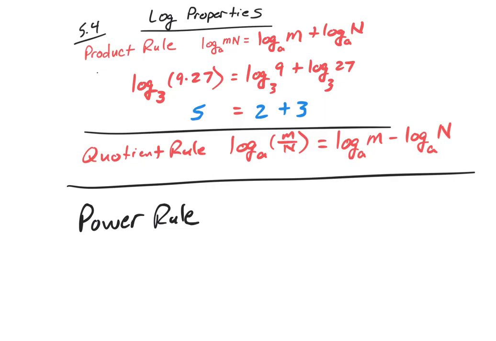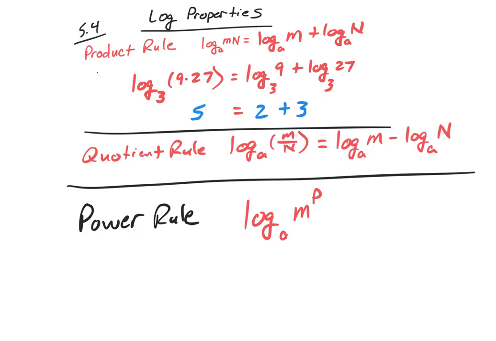So the power rule. When I think of a power, I think of taking something and raising it to a power, or I simply have an exponent. So here I'm taking m and raising it to the p power.